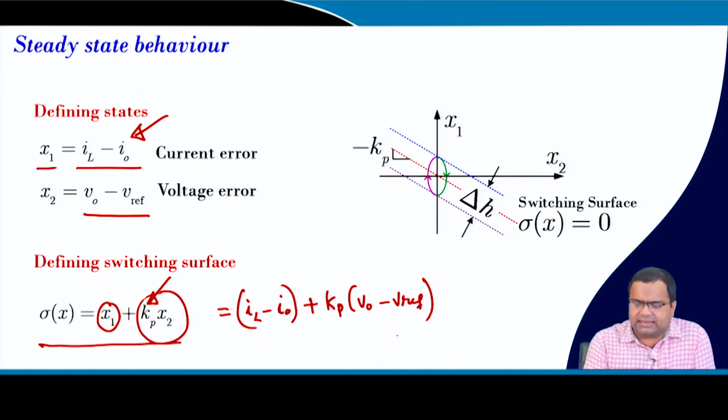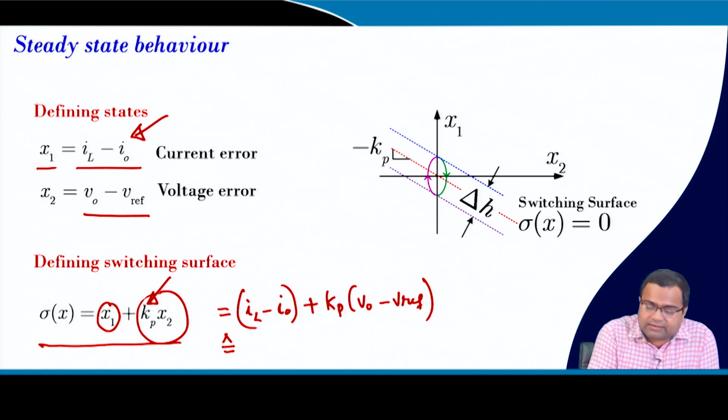We can rearrange it and write it in an alternative way: I0 minus IL plus Kp into Vref minus V0.